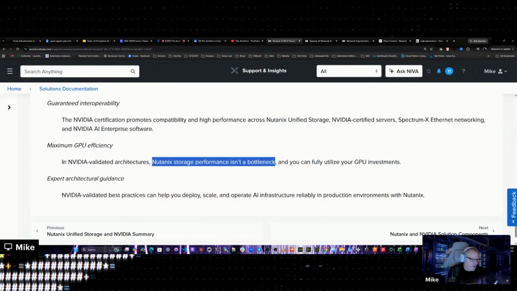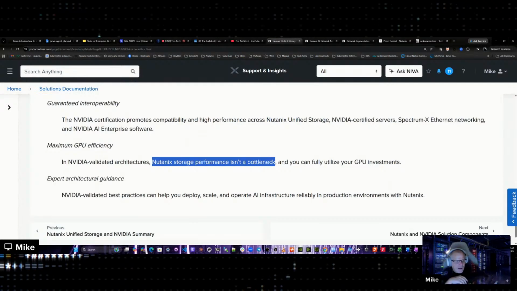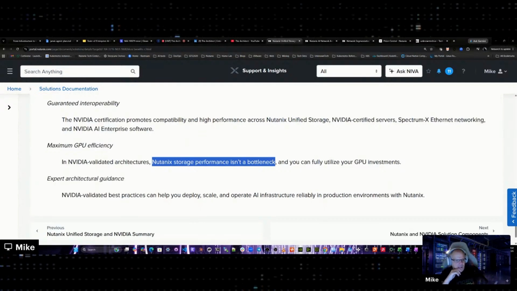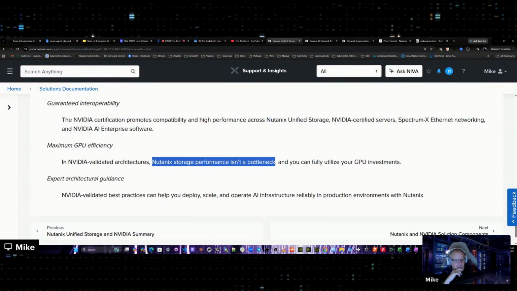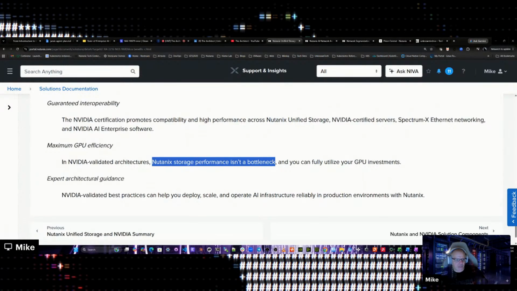I can't go out and use my standard Dell solution or whatever. And in those cases, maybe you're right. But in our case with Nutanix, we have designed this solution to be scalable, to provide maximum throughput, and you're going to see that throughput here in a little bit.